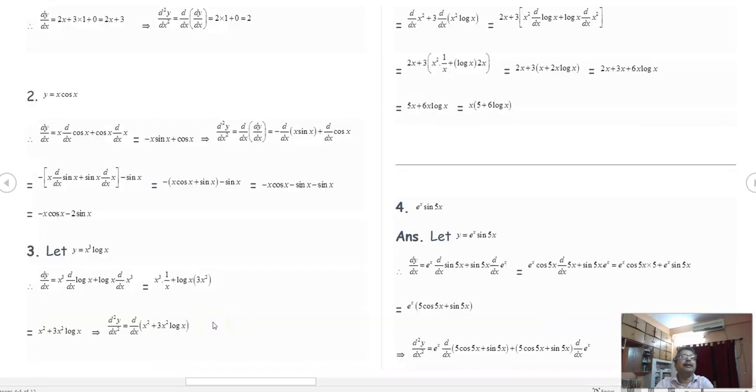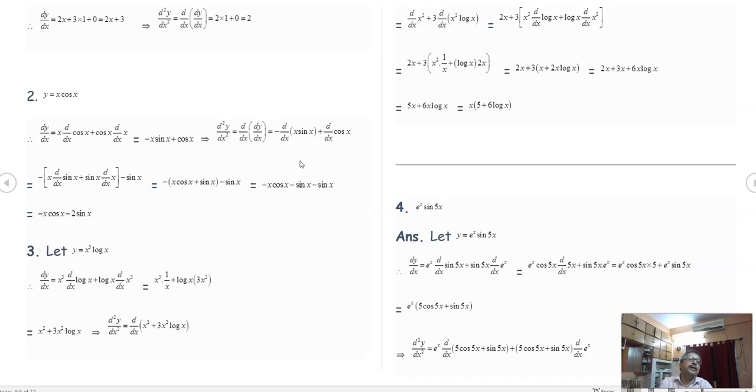So you get 2x plus 3 into 1 plus 0, that is 2x plus 3. If you differentiate once more, d square y by dx square, that is d/dx of dy by dx, is nothing but 2 into 1 plus 0, that is 2.